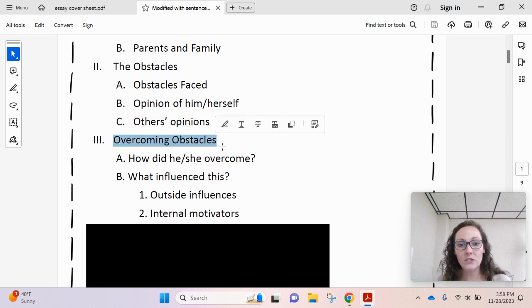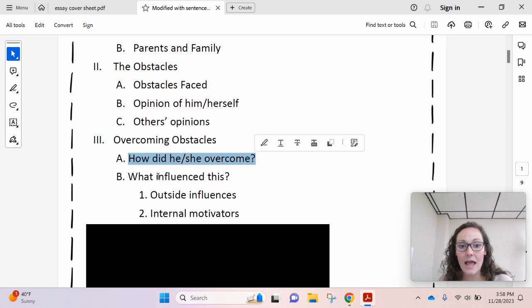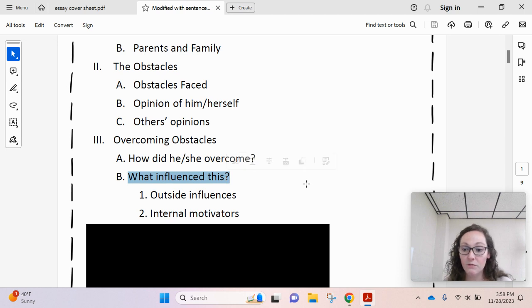So paragraph 3 is overcoming obstacles. You must have how this person overcame the obstacle. So, what did they do in their life to get past the challenge? You also have to make sure that you include what influenced them to overcome the challenge or the obstacle.